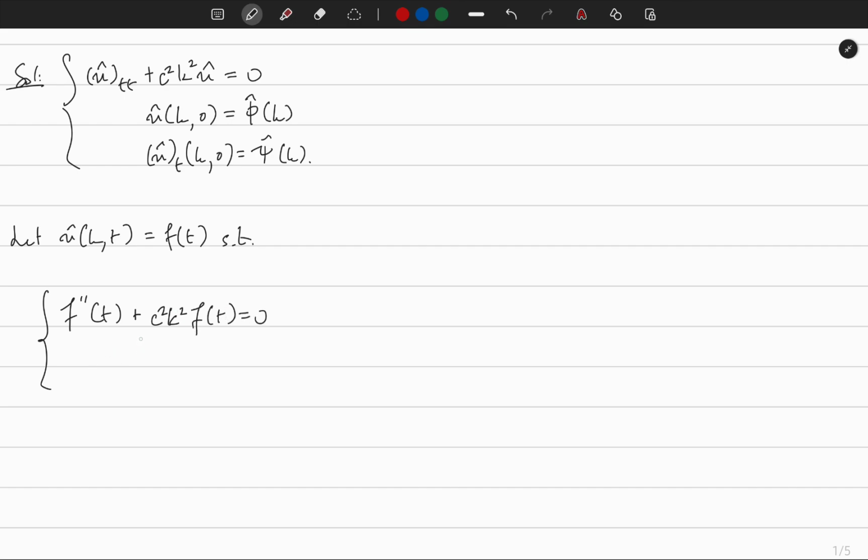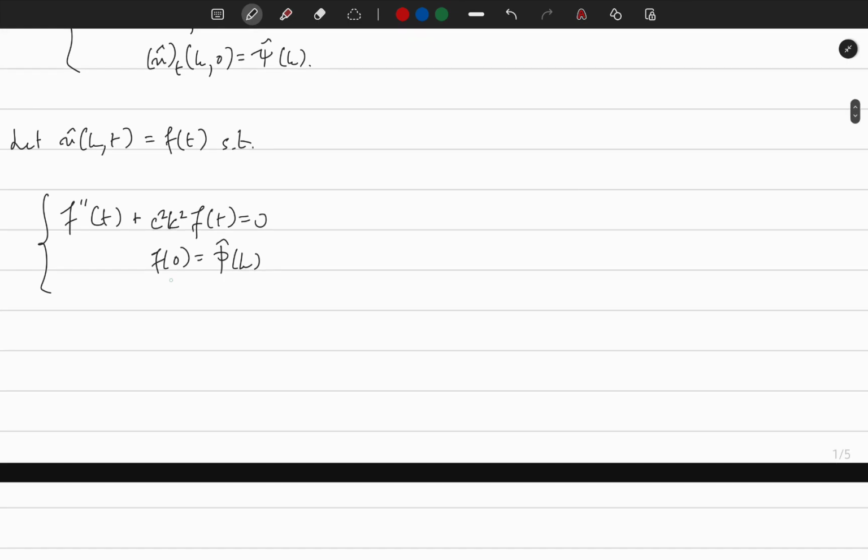The initial displacement becomes f of 0 is equal to phi hat of k, and the initial velocity will be f prime of 0 is equal to psi hat of k.